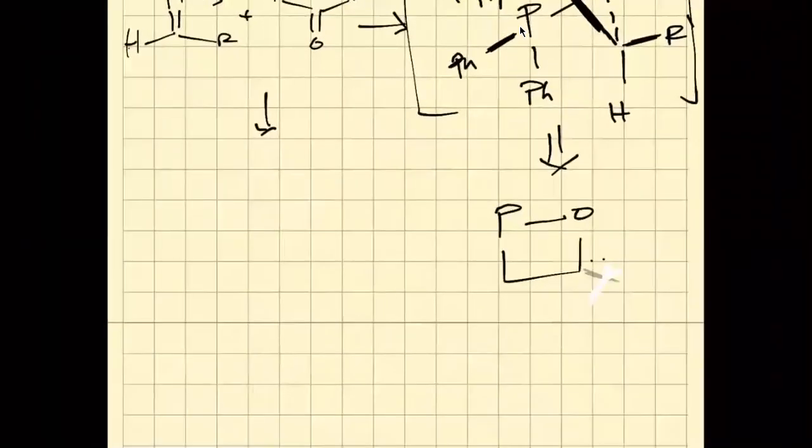Zoom in so I can get my bonds looking right. And that's R1 from the aldehyde. And so this conformation right here would give you the cis alkene.